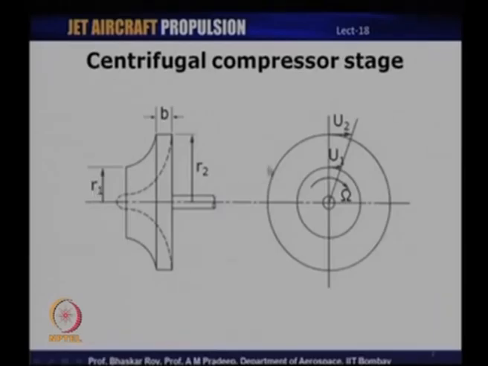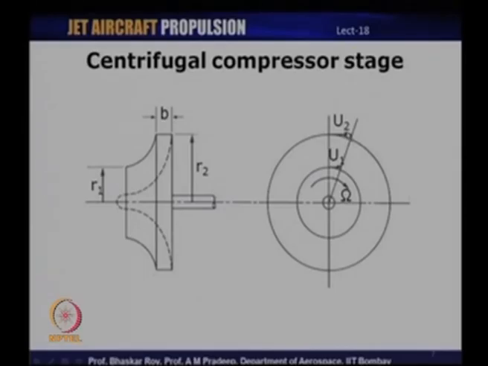If you look at a schematic which I have already shown earlier, I have simplified that. This is the inlet of the impeller or the rotor, and this is the outlet. The flow enters the rotor in this direction and leaves the rotor in this direction, which means that the inlet and exit are at two different radii, which is why we have two different peripheral velocities. At the inlet we have u1, which is the rotational speed multiplied by r1, omega times r1, and u2 is omega times r2.